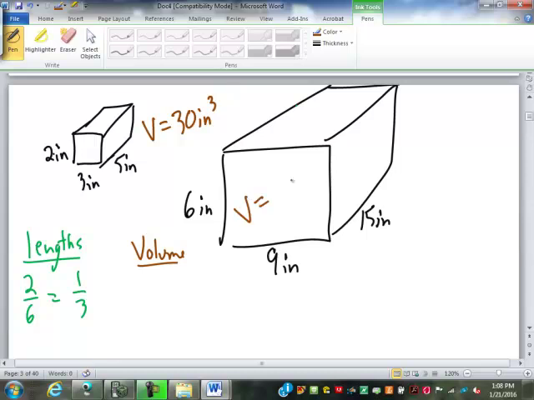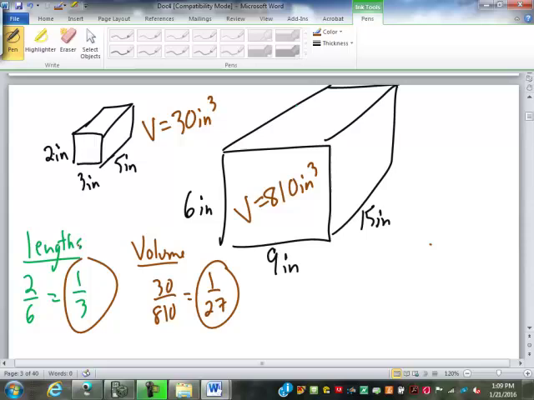What's the volume here? 810 inches cubed. 30 over 810, if I reduce that, I get 1 over 27. Anybody want to guess what the relationship is there? It's cubed. 1 cubed is 1, 3 cubed is 27.